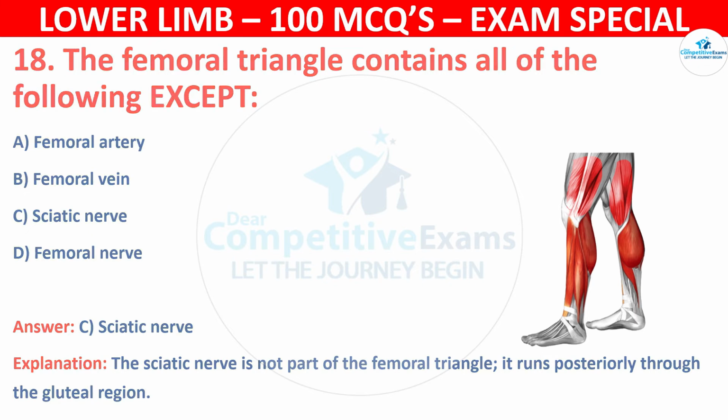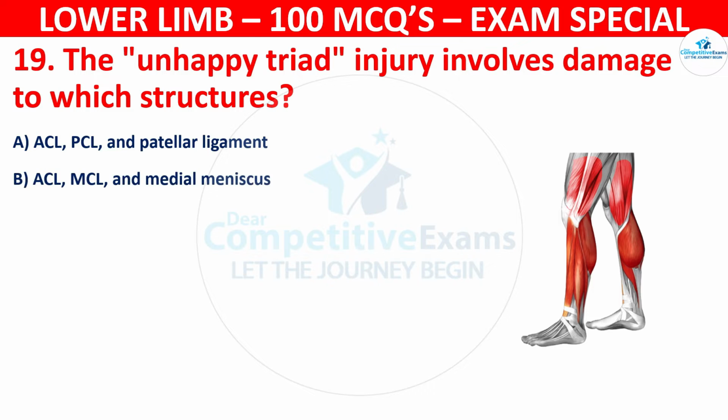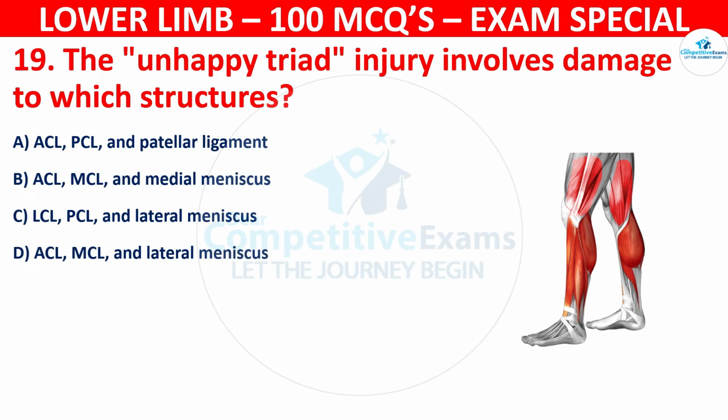Question number 19. The unhappy triad injury involves damage to which structures? Your options are ACL, PCL and patellar ligament, ACL, MCL and medial meniscus, LCL, PCL and lateral meniscus, or ACL, MCL and lateral meniscus.